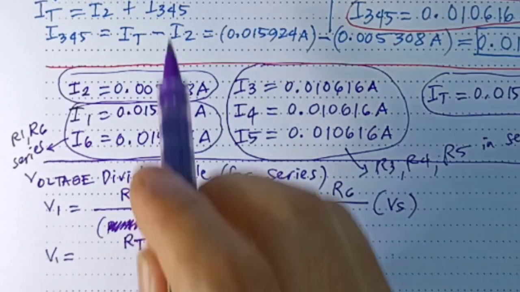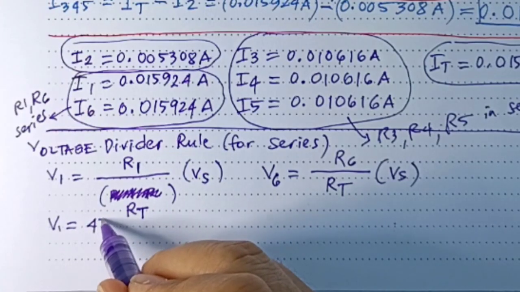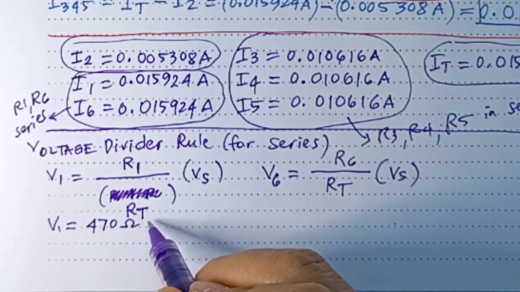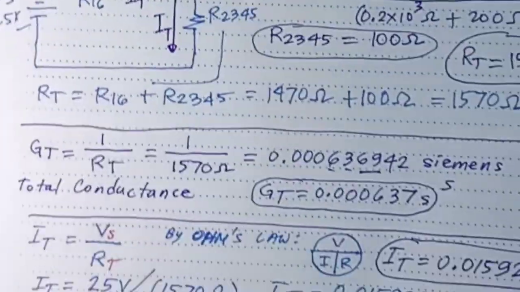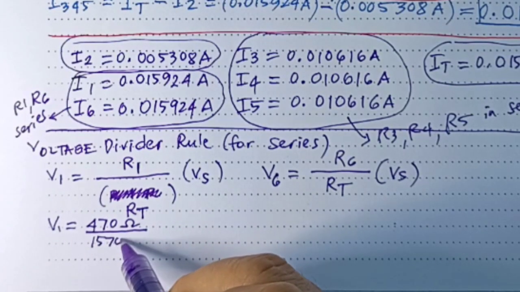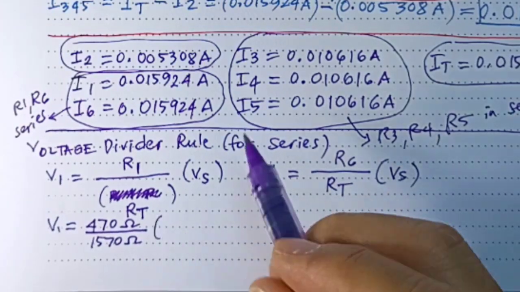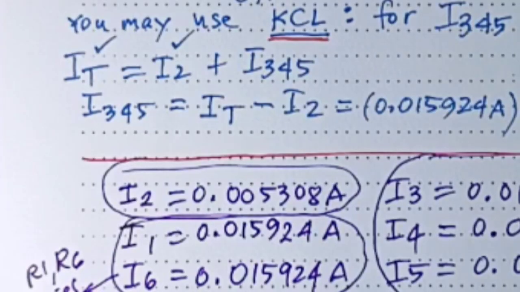Okay, so V1 will be equal to R1, what is our R1? 470 ohms, divided by the R total. What is our R total? 1570 ohms. Multiply with the Vs of 25 volts.